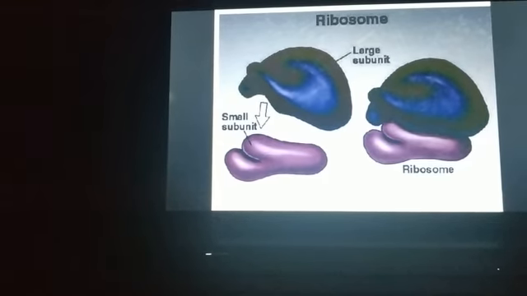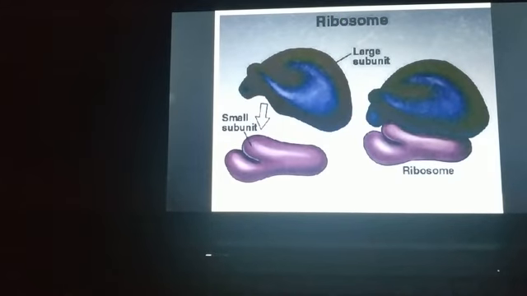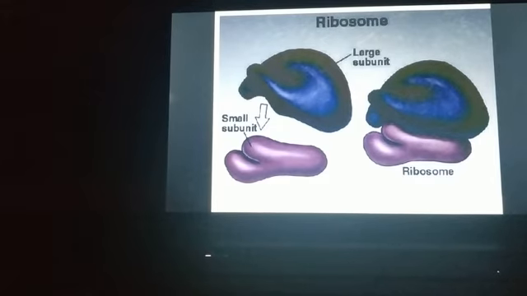Next, as I said, eukaryotes contain 80S type of ribosome, but there are some exceptions. They also contain 70S ribosomes in the mitochondria and chloroplast of the eukaryotic cell.